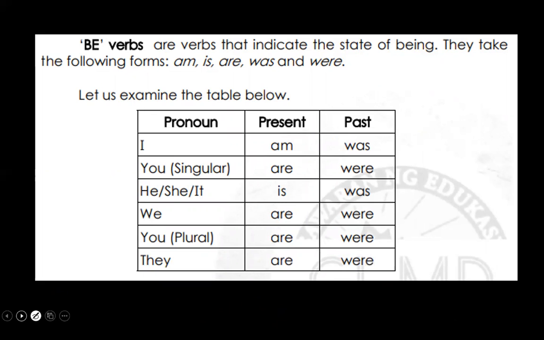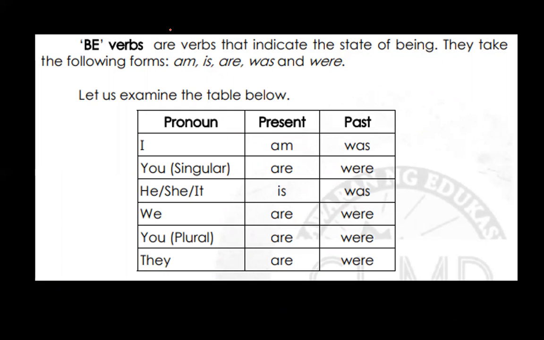For the pronouns I, you, he, she, it, we, you, and they, we have the be verb for present tense: am, are, is, is, is, are, are, and are. Now for the past tense, we have was and were.